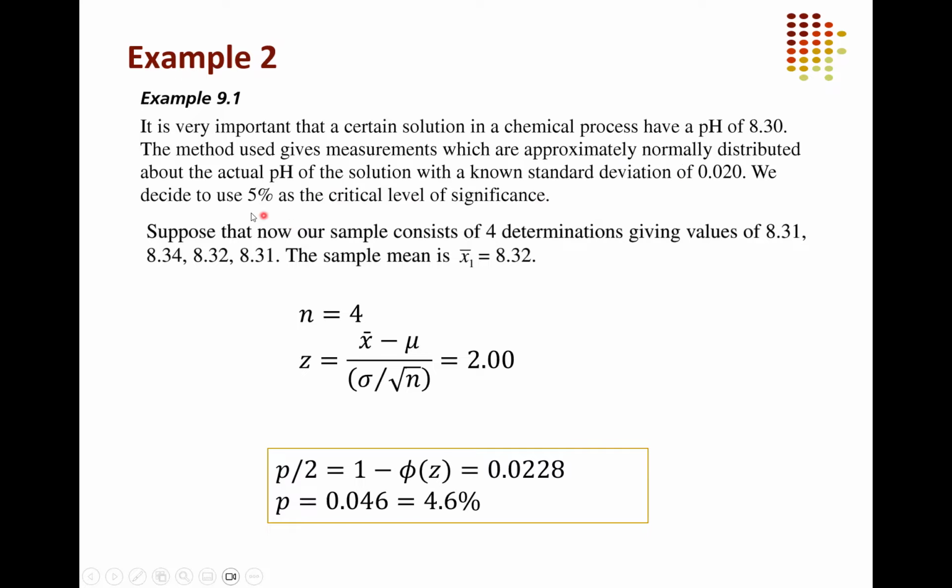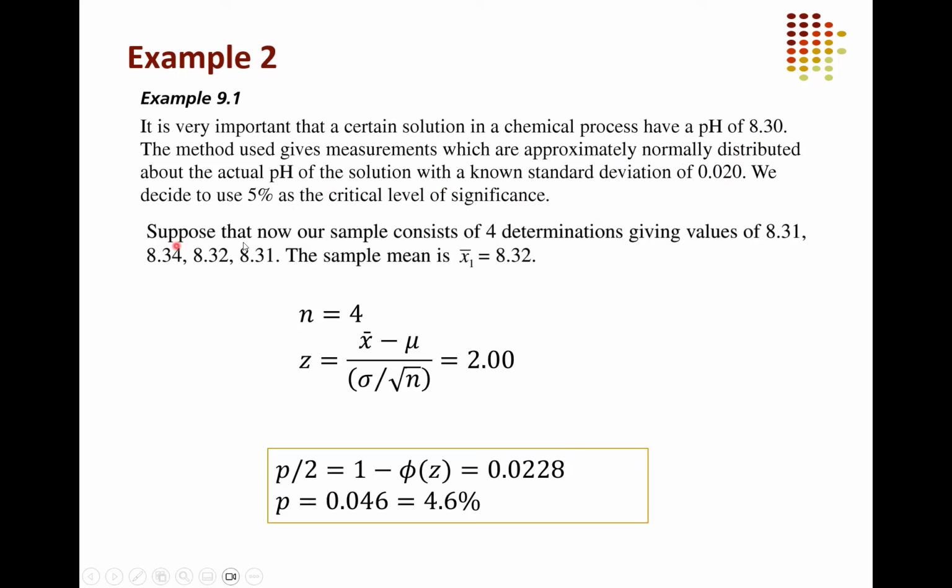We decide to use 5% as the critical level of significance. So we have got the population parameters: the 8.30 value, the standard deviation and the critical level of significance.